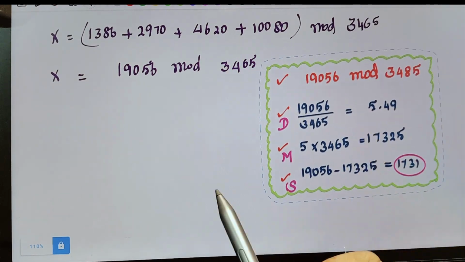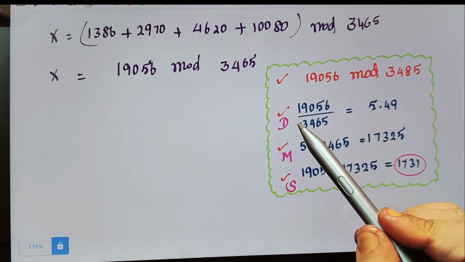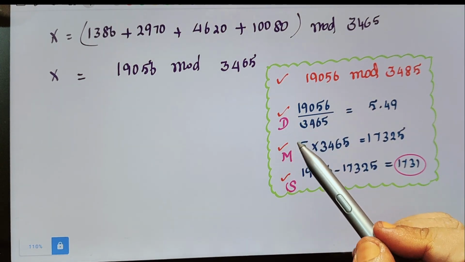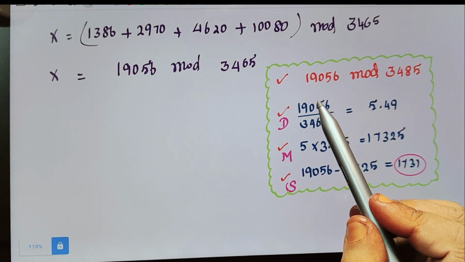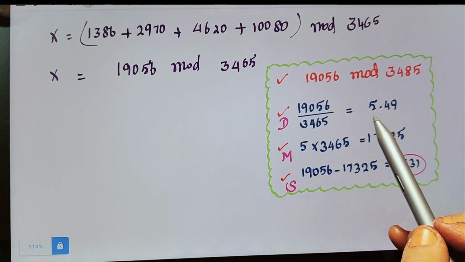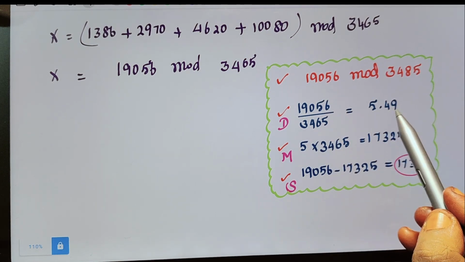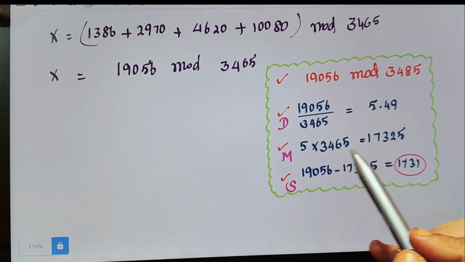See, refer to the steps. 19056. Follow these three steps: division, multiplication, and subtraction. First one, division, right? 19056 divided by 3465. The answer will be 5.49, and take the rounded value. That's 5 into 3465, that's multiplication.